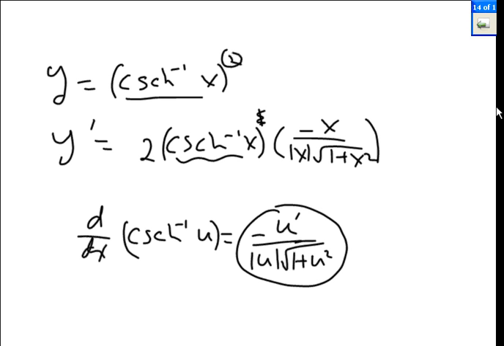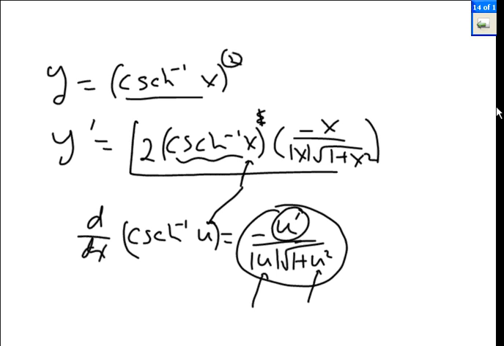And all you had to do was plug x in. Just plug x in. Instead of u, it's x. X prime is 1. Negative 1 over the absolute value of x times the square root of 1 plus x squared. Times the stuff in the front from the general power rule. That is, here's your whole answer.